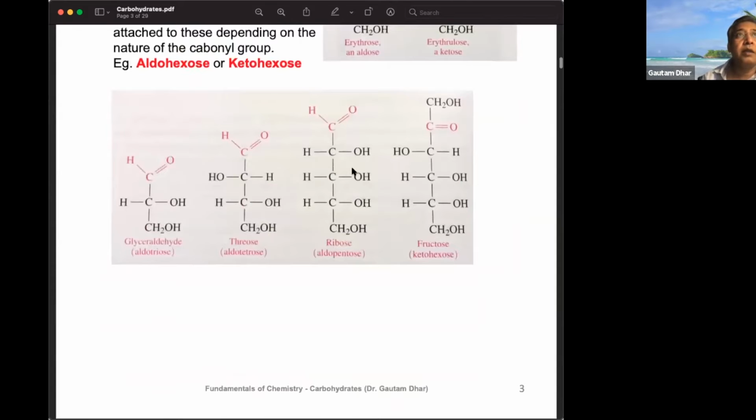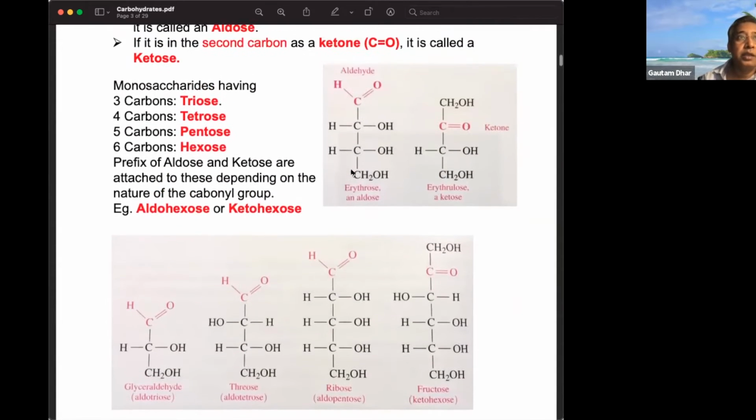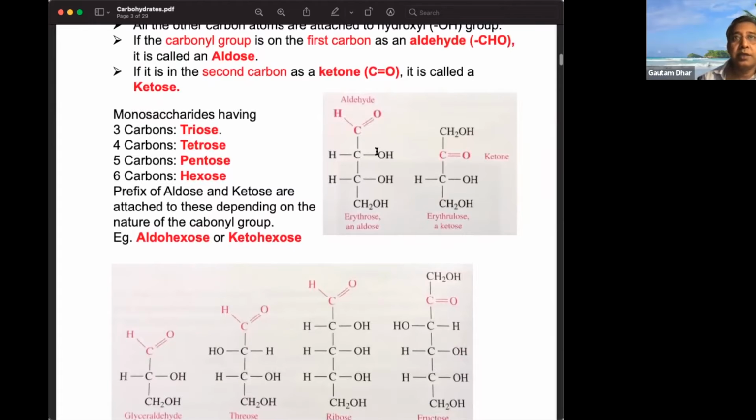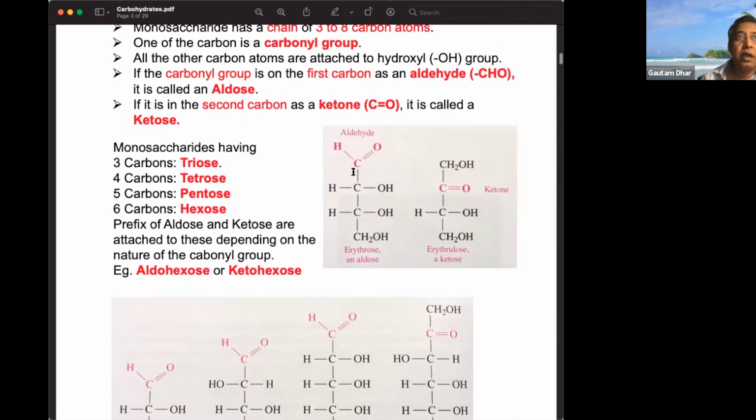The kind of question that you'll get is something like this. I'll give a structure, and I'll ask you to tell me whether this is an aldose or a ketose. So look for the functional group, aldehyde or ketone. And depending on the number of carbon atoms, you can have a triose, tetrose, pentose, hexose, and so on.